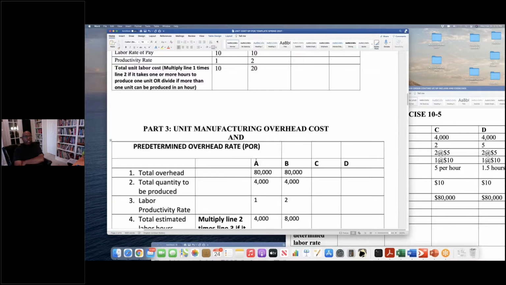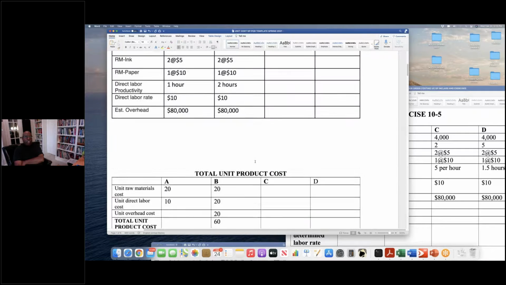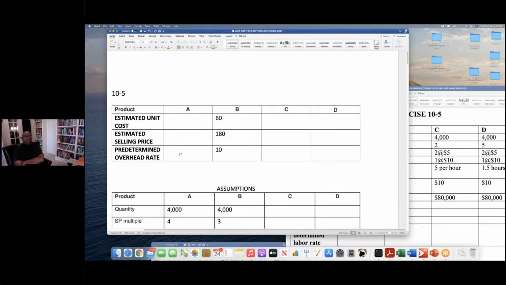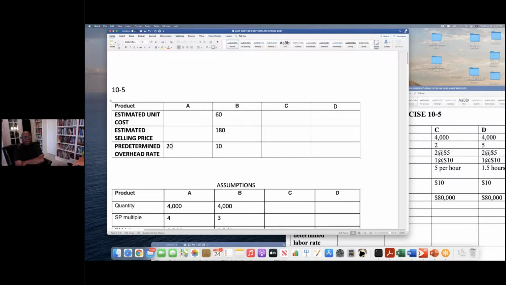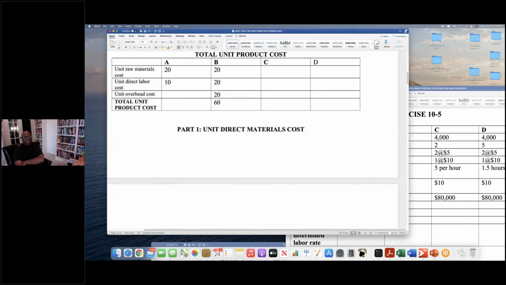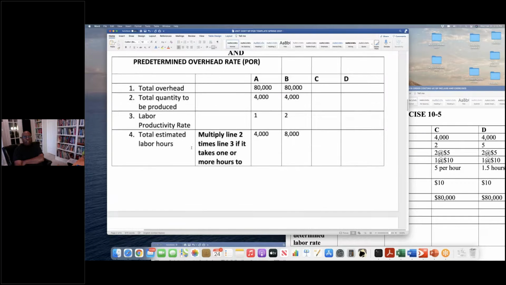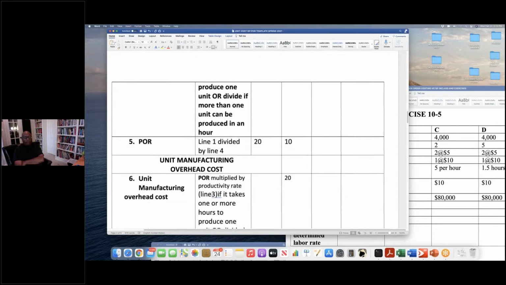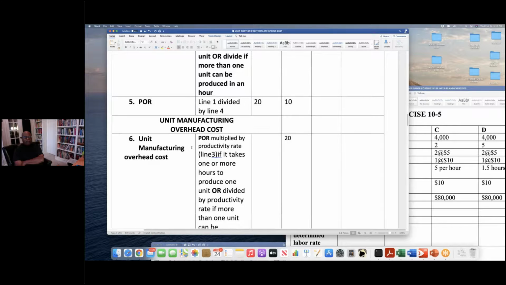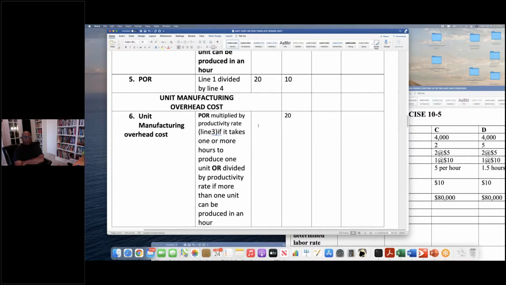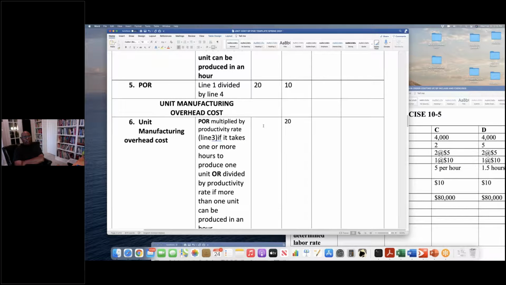Now we're going to take 20 all the way to the top. We have one number in the box, 20. Now we need number 6.